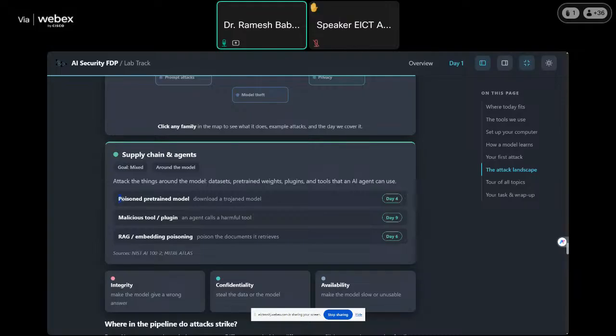The first attack that we have is the poisoned pre-trained model. Here you pre-train a poisoned model and distribute it for agents to use. Let me give you an example. If you want an LLM and want to make an agent on top of it, you download it with the help of Hugging Face.